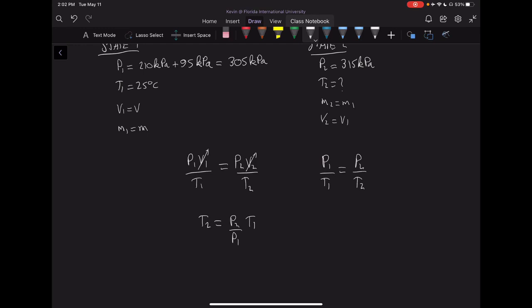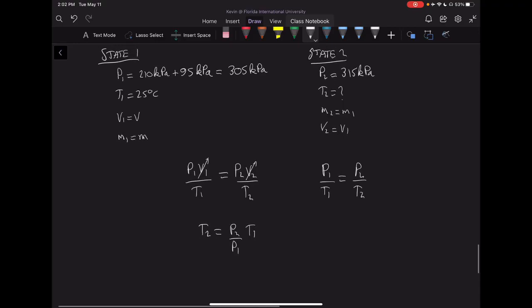Now, what temperature are we going to use for T1? Remember, we have to use absolute temperature for ideal gas. So we need to convert our temperature to Kelvin. So we're going to have 315, which is our absolute pressure, over 305, multiplied by 25 degrees plus 273 to convert it to Kelvin.